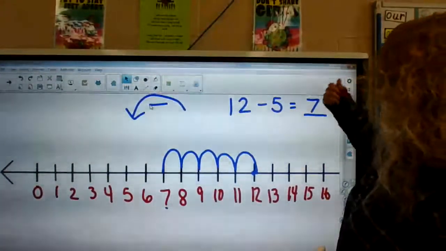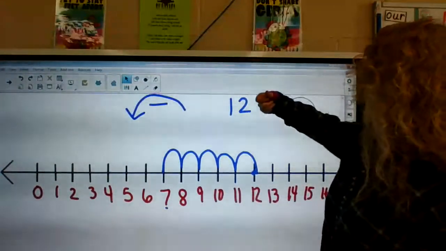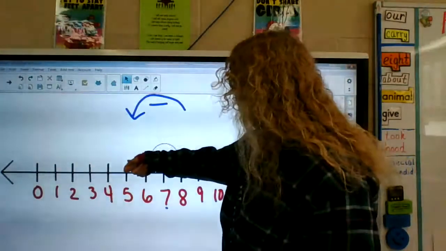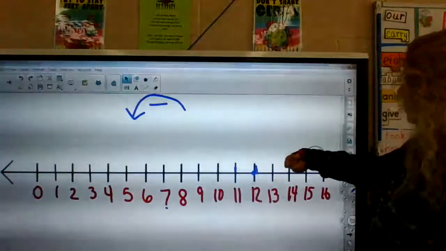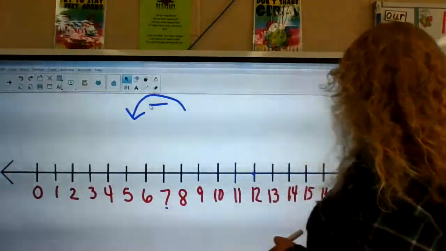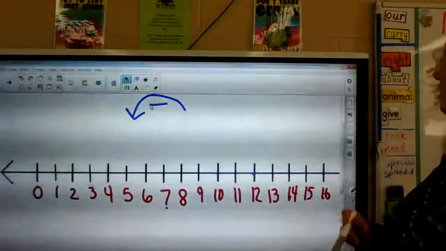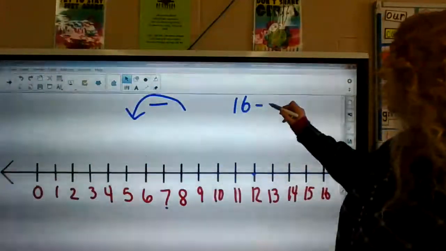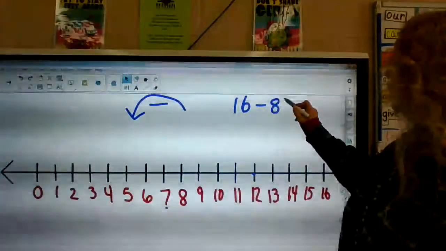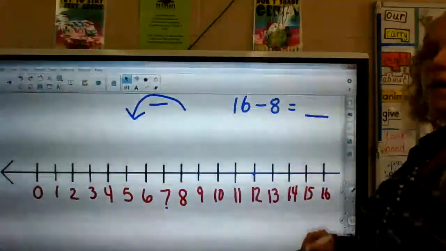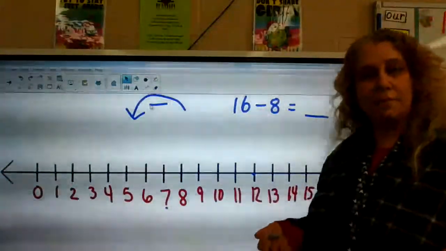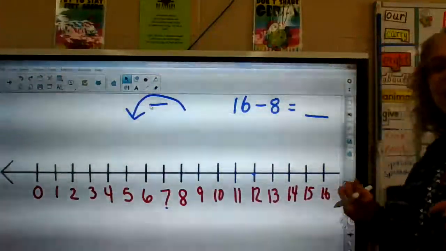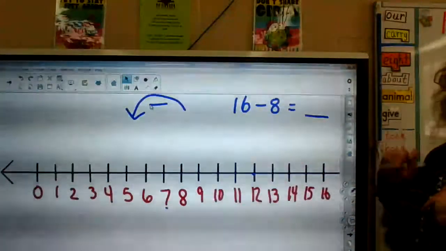Okay, one more we'll do together up here. I'm going to do a bigger number this time, a little bit bigger. My number line goes till 16. So let's do 16 minus 8. So where do I start and how many hops? Start with the 16 and hop 8, right.